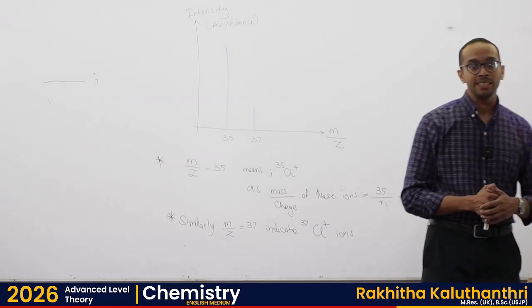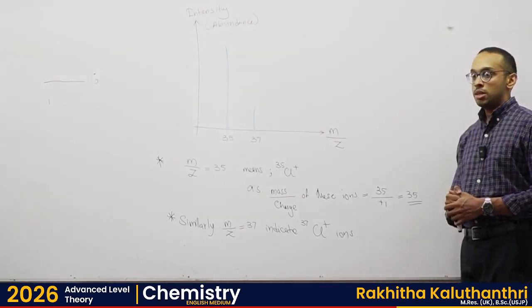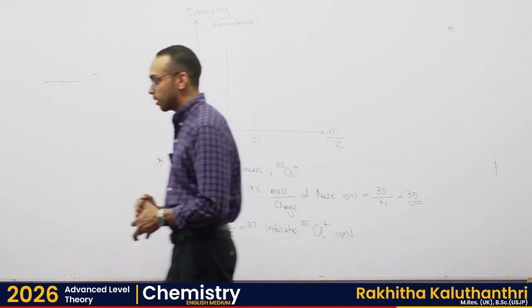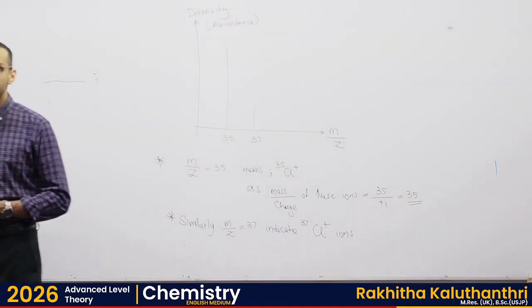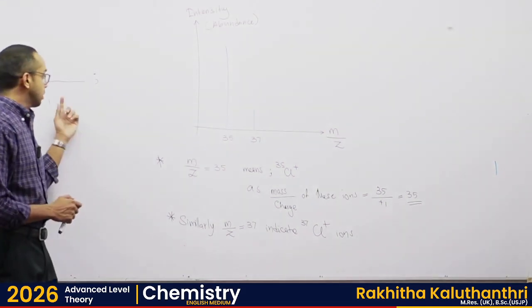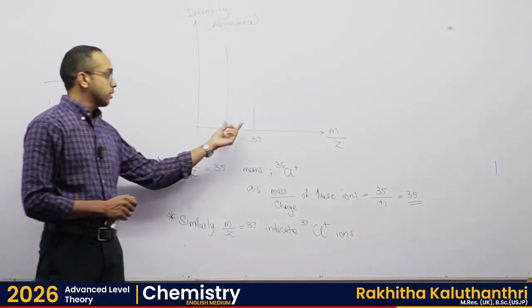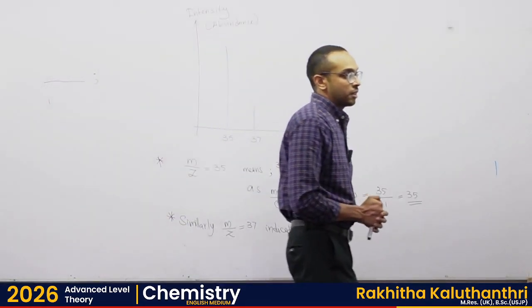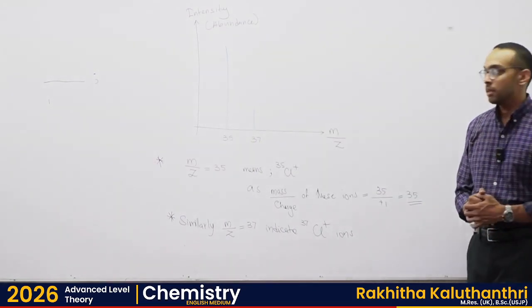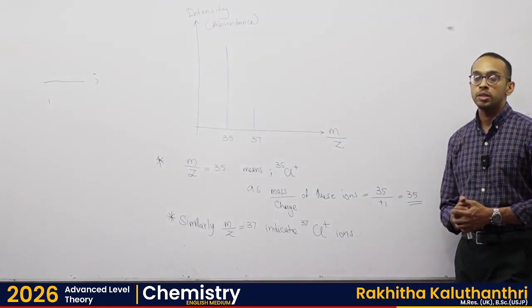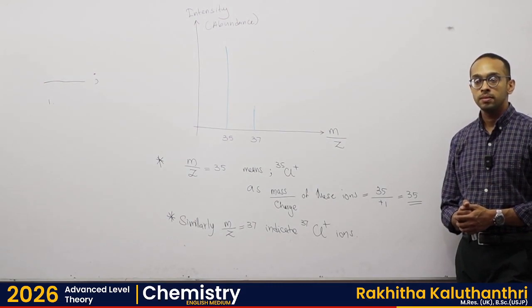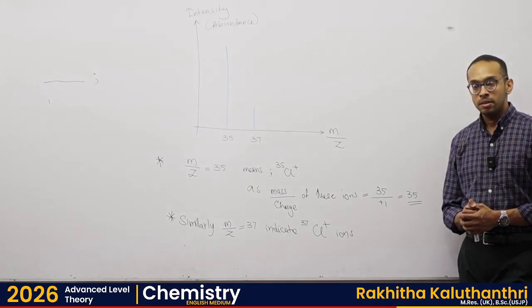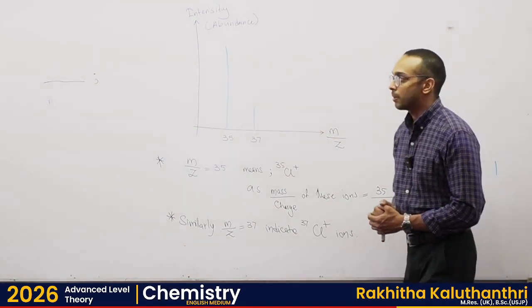Number of peaks produced communicates the number of isotopes that were present in the sample.